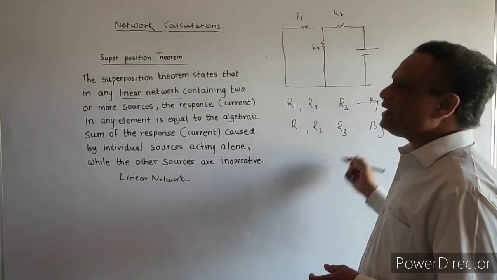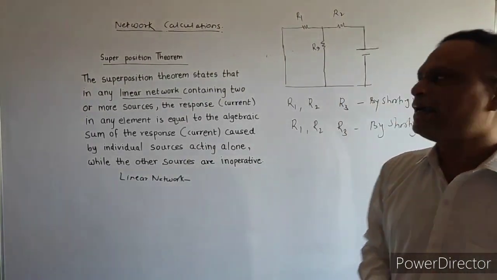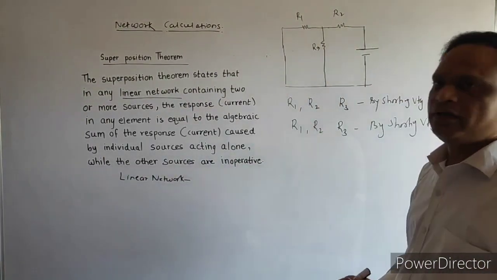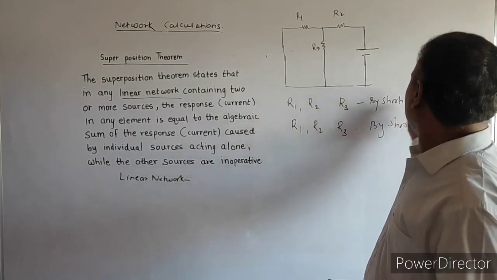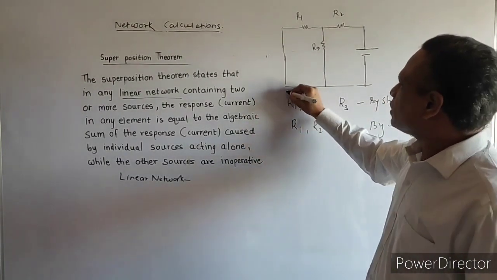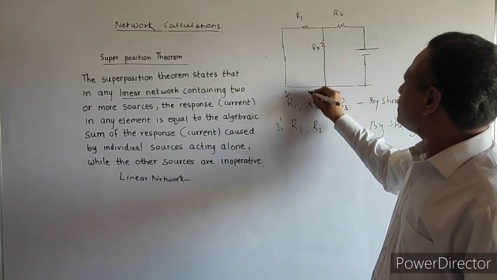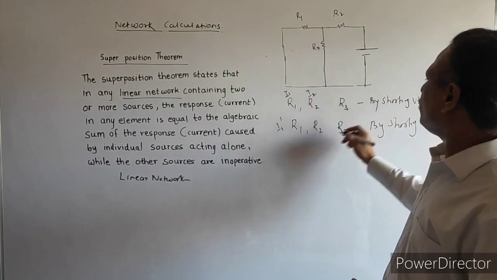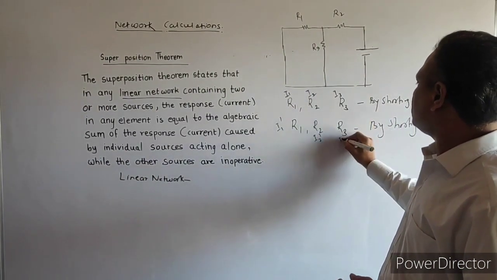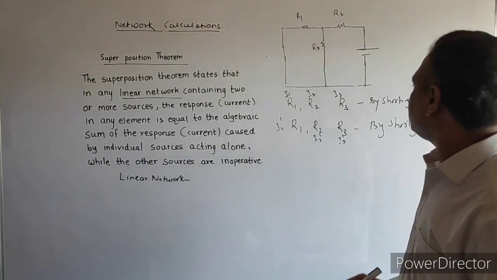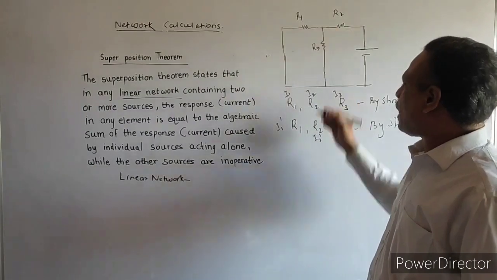Now it states that if we do this activity and calculate the individual responses, say R1 current by shorting B was I1 and this is I1 dash, this is I2 by shorting B, and this is I2 dash, this is I3 and this is I3 dash, then what is the answer of the exact current which is flowing through R1?